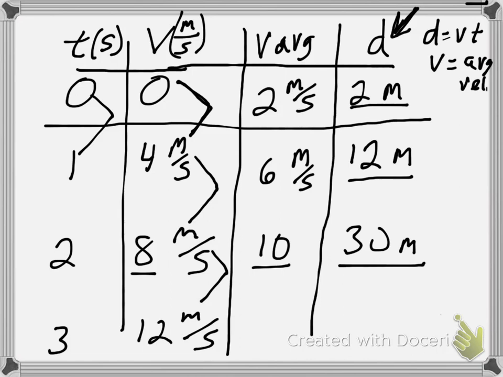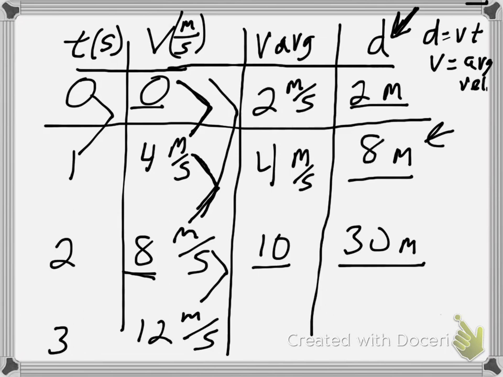So for our second distance right here, instead of looking at the velocities from 4 to 8, I need to consider from 0 to 8. Okay, so the average of 0 and 8 is 4. So this velocity should actually be 4. So 4 times 2 should actually be 8 over here.